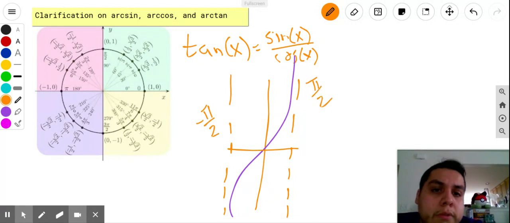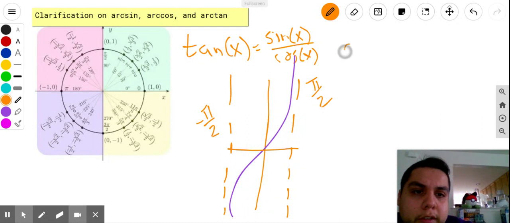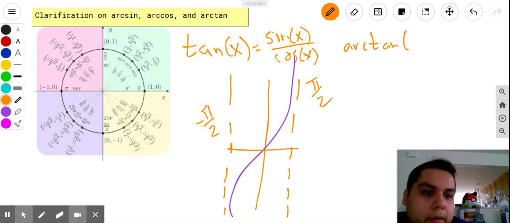So when you use arc tangent, let's use z. Z can be any real number, because tangent could equal any number whatsoever.